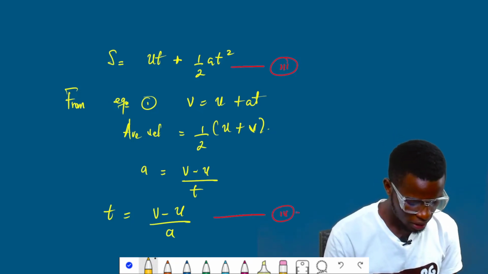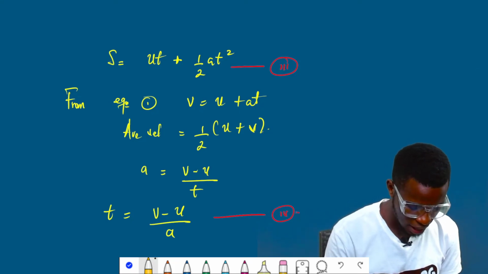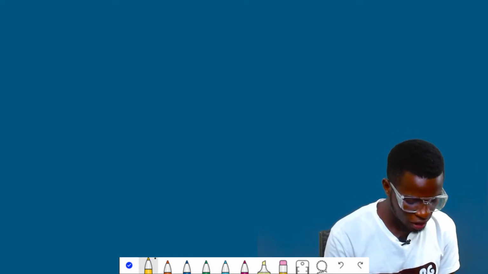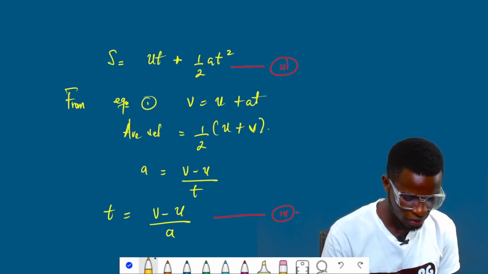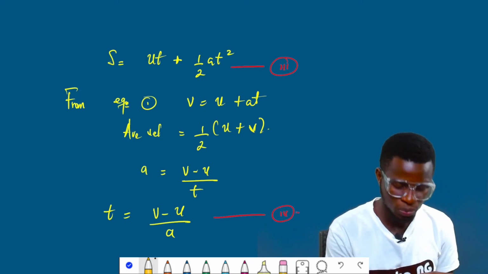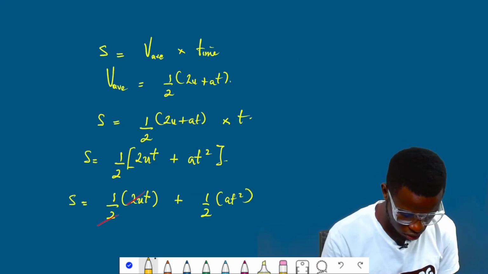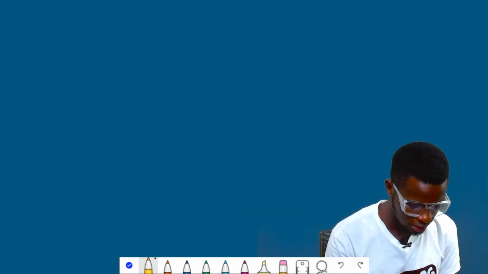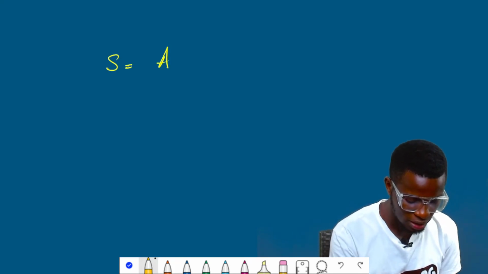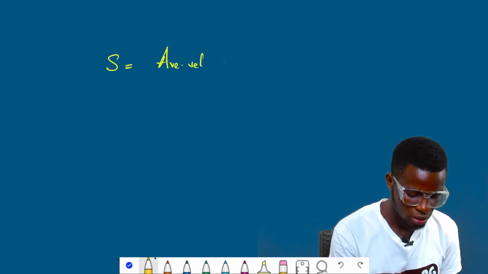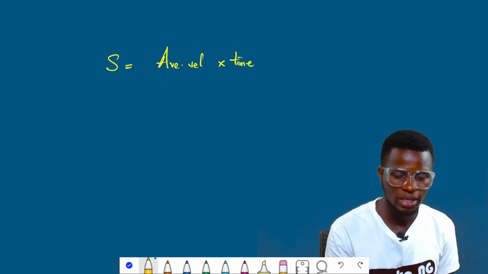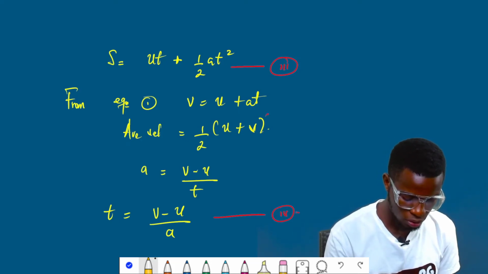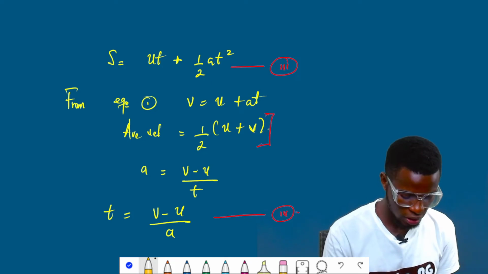Now if we substitute the value of t into the distance equation, remember distance s is average velocity times time, and average velocity is equal to 1 over 2 (u plus v).